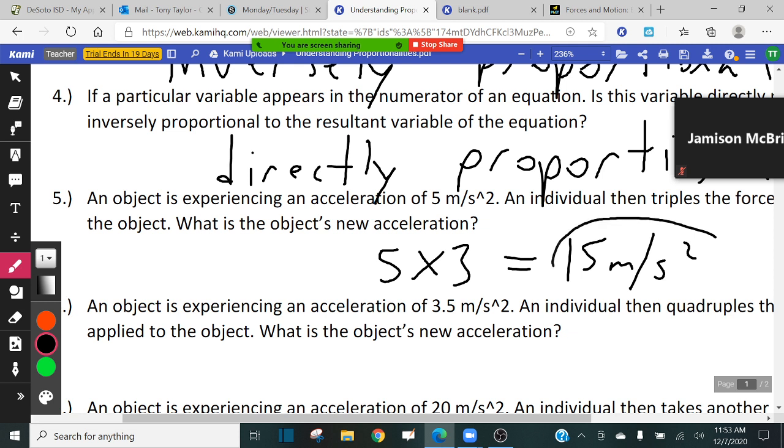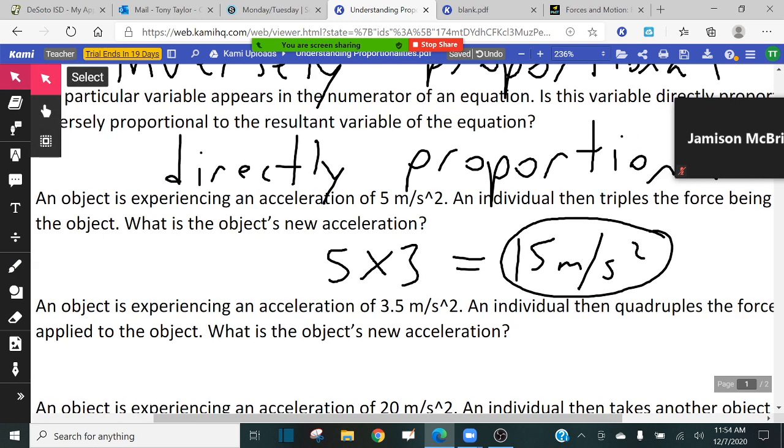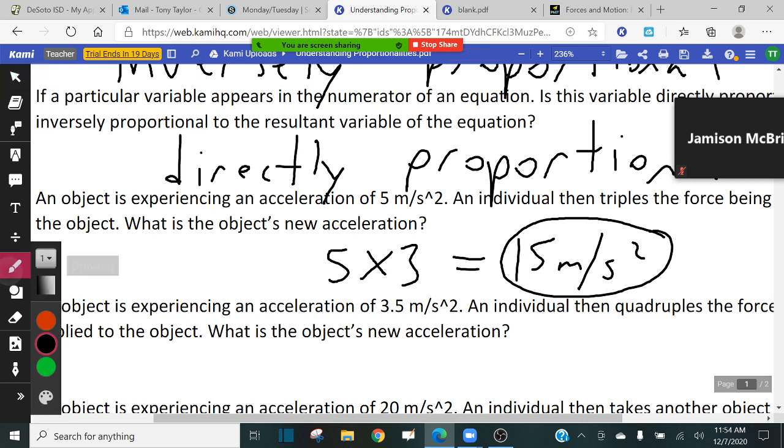Okay. So again, guys, in every problem, you need to show me whether or not you're multiplying or dividing. But that's not all, guys. You need to tell me what is the relationship between the two variables here. Are they directly proportional, inversely proportional? Remember, whenever we're dealing with force and acceleration, these two variables are directly proportional.